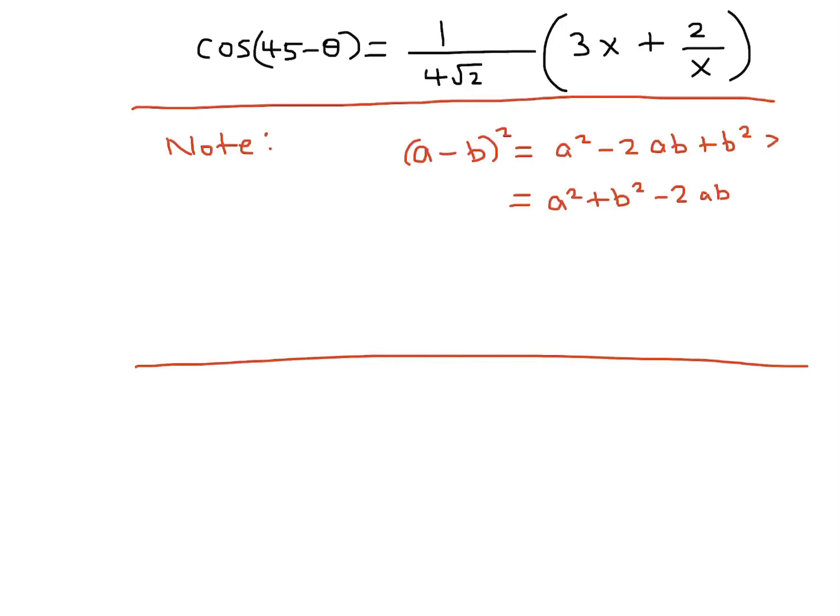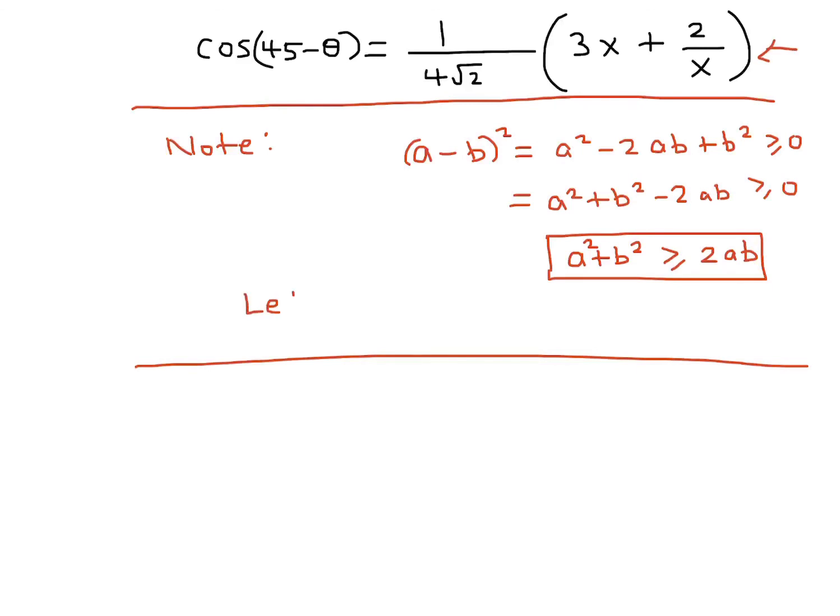So this is always greater than or equal to 0. And therefore, if you bring the 2ab over to the other side, a squared plus b squared is greater than or equal to 2ab. Okay? So this is a relationship that we will employ up here.